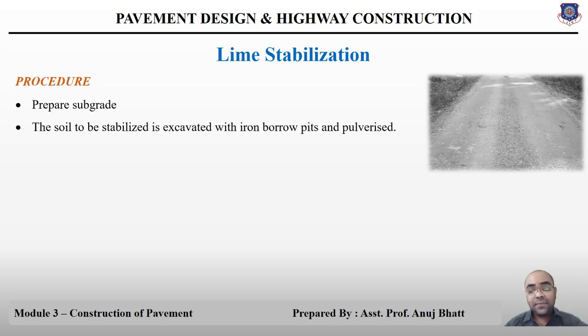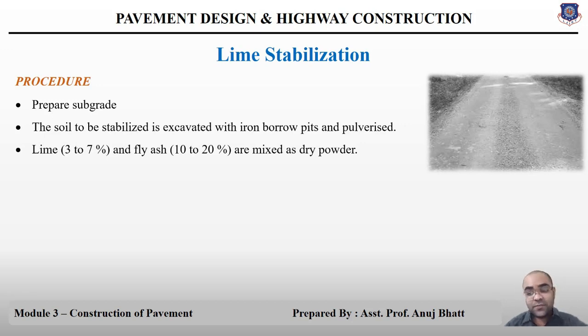After this, the lime that we have decided to apply, about 3 to 6%, and the fly ash, 10 to 20%, are mixed as a powder. These two materials, the lime and the fly ash, have to be mixed in dry powder form.